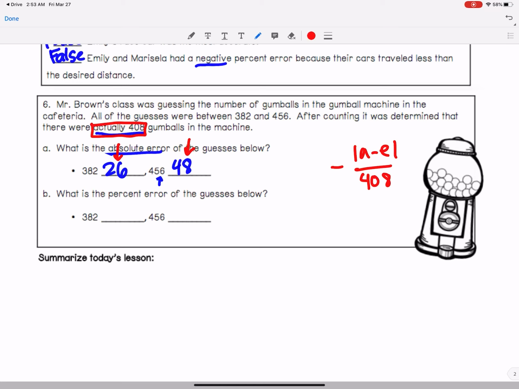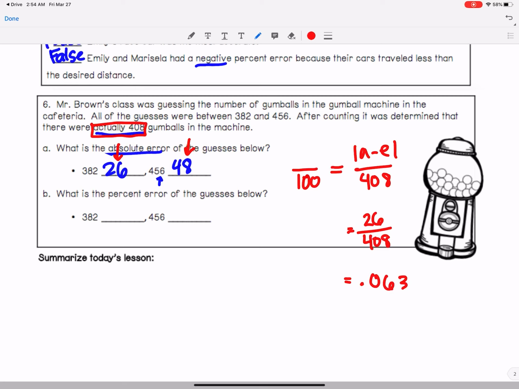And then whatever answer you get is going to be a number out of 100, which then turns into a percentage. So let's do, what happens if I do 26 divided by 408? Whatever I get is going to be a decimal. Let's times it by 100 and get a percentage. 26 divided by 408 gives me 0.063.